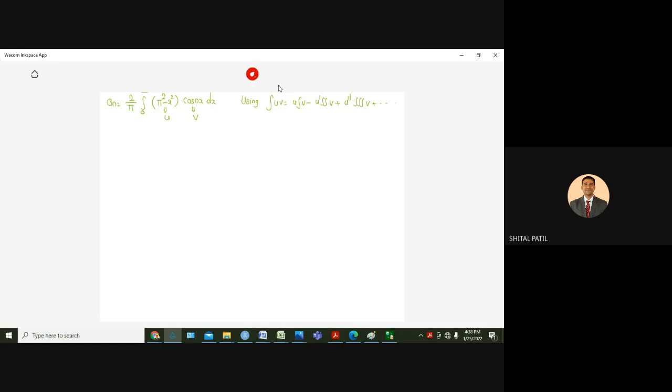So using this formula, we have pi square minus x square, integration of cos. Sir, 8 pi upon n square. Is it the answer? Just 1 minute. No, it is not like that. Minus 1 raised to something is there.